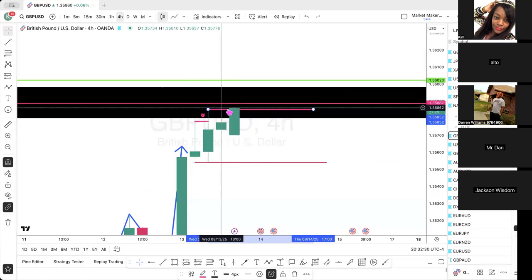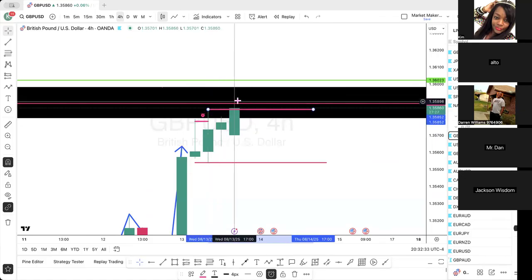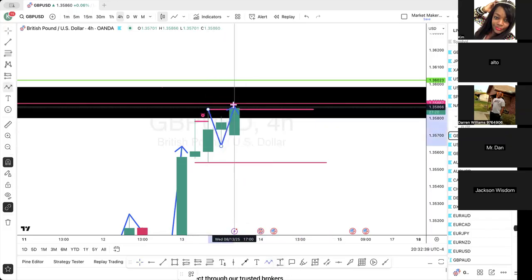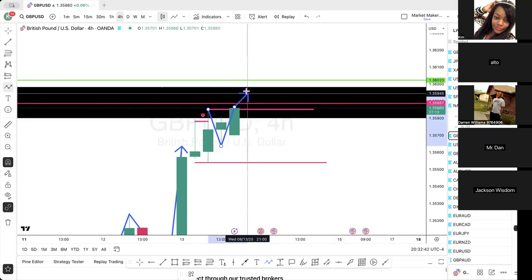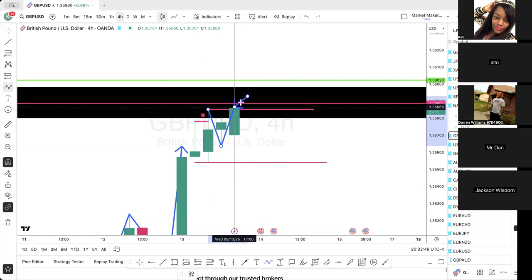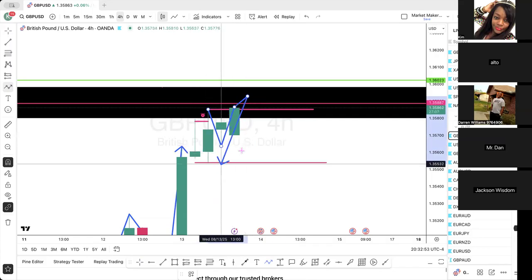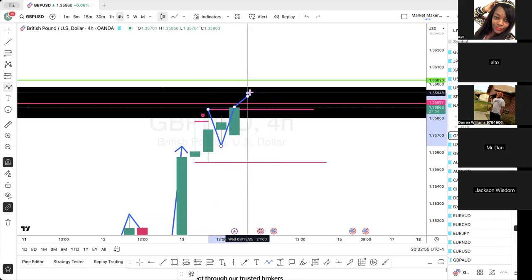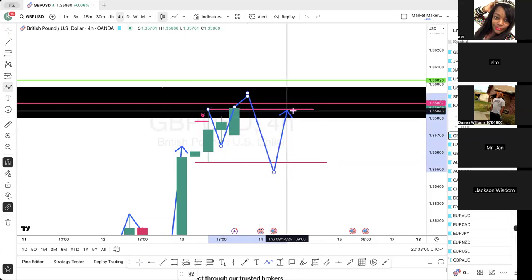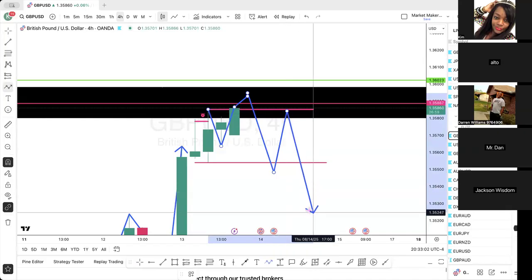If the candle closes above this high, then my structure went from here to here to here, or wherever it closes. And once that happens, I'm going to move my swing low and see if price then breaks the swing low, giving me a market structure shift for the pullback.